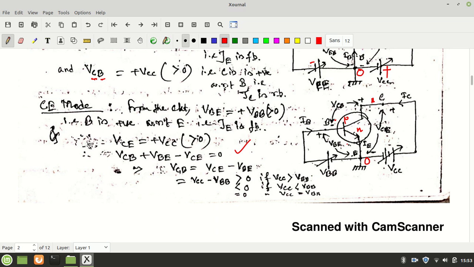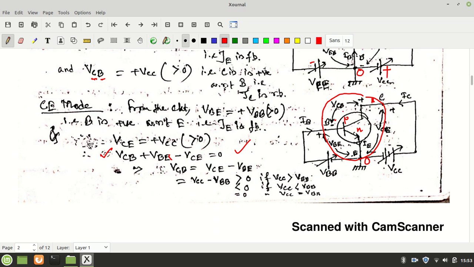And for the collector junction, the collector-base junction, we should have the reverse bias connection. So in this picture you have to find the collector-base junction potential using KVL. KVL in this loop, which is considered here.